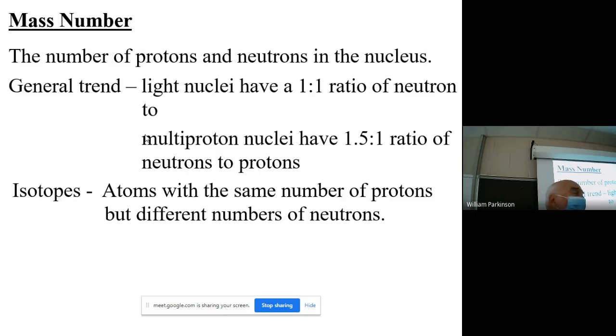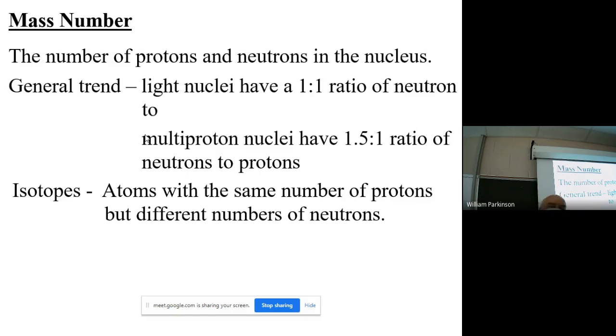Now, an isotope turns out to be an atom that has the same number of protons, but a different number of neutrons. And most elements exist in isotopic forms. The proton is what defines the element as a particular type, and that's where the positive charge lies. The neutrons are just kind of gluing it together.